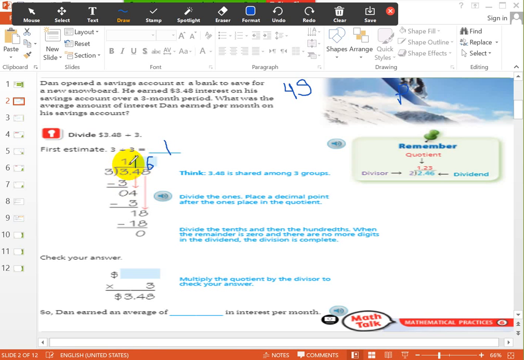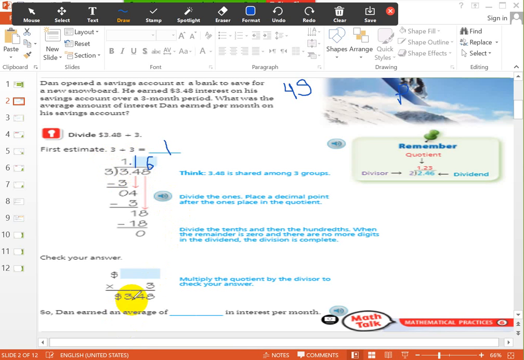So you have to put the decimal point in the quotient over the decimal point in the dividend, in the same position, okay? And divide the numbers as you learned.